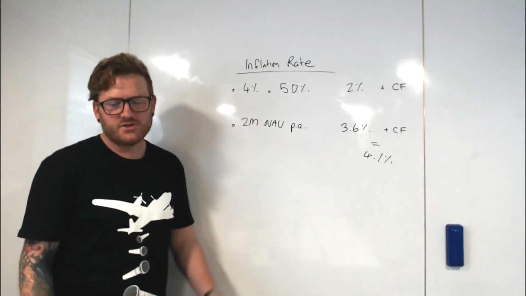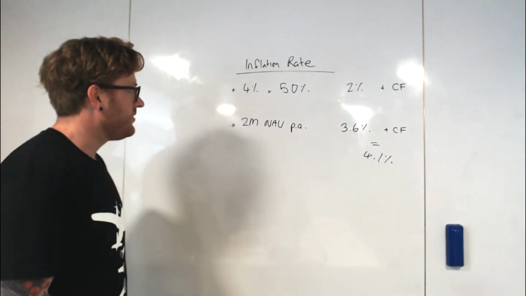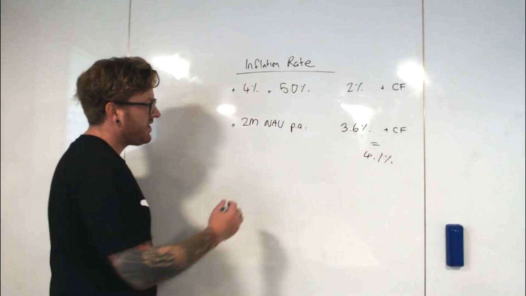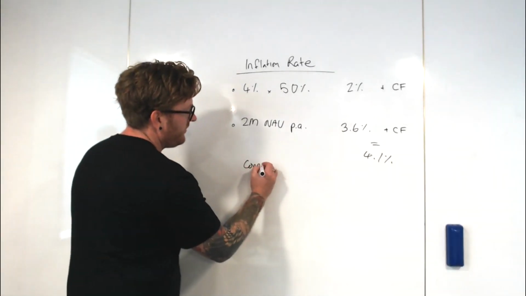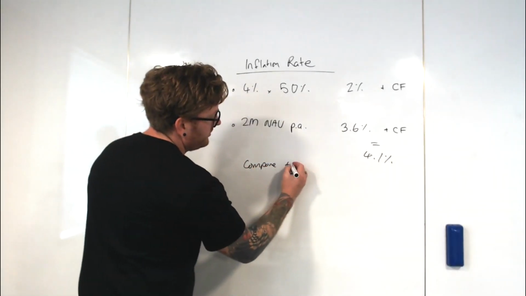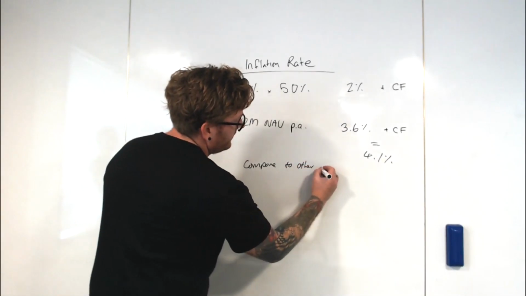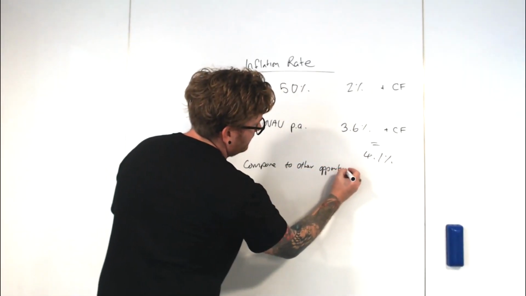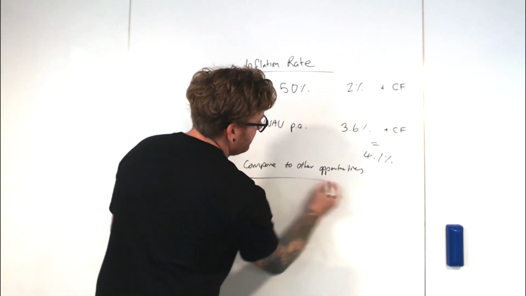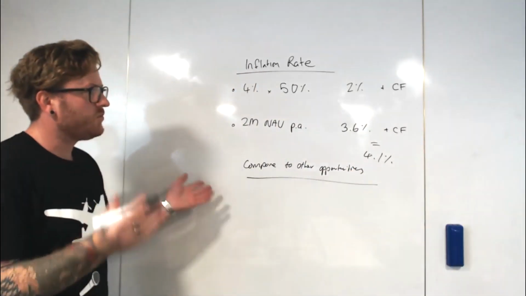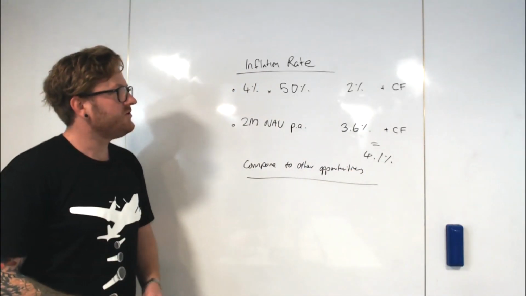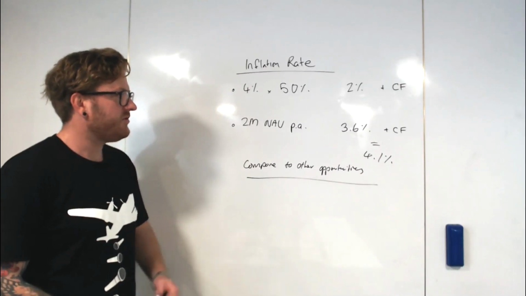So the things to consider when we're talking about this, I guess, is partly what I said before. We need to compare to other opportunities that people have in this world when it comes to mining cryptocurrencies.